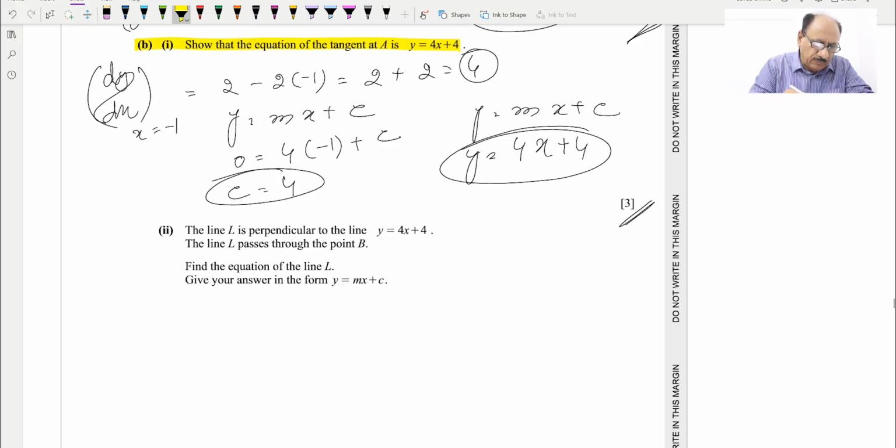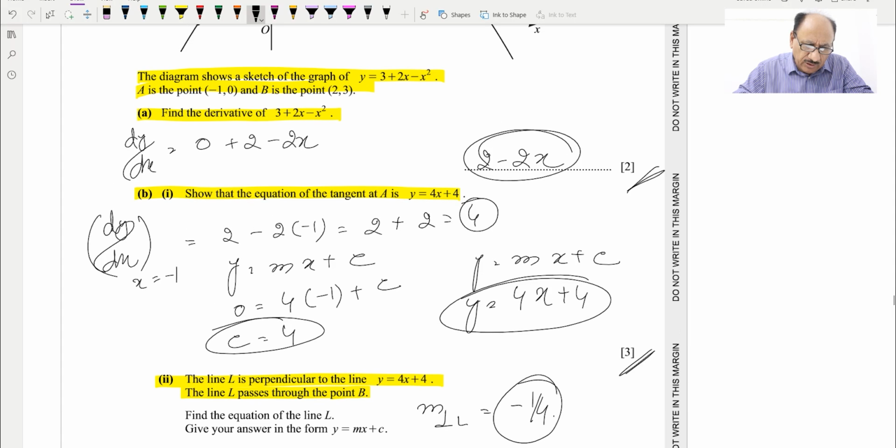Now second part says the line L is perpendicular to y is equal to 4x plus 4, and the line L passes through the point B. So gradient of the perpendicular to L will be equal to minus 1 by 4, reciprocal and change sign, minus 1 by 4, and B point is given over here.